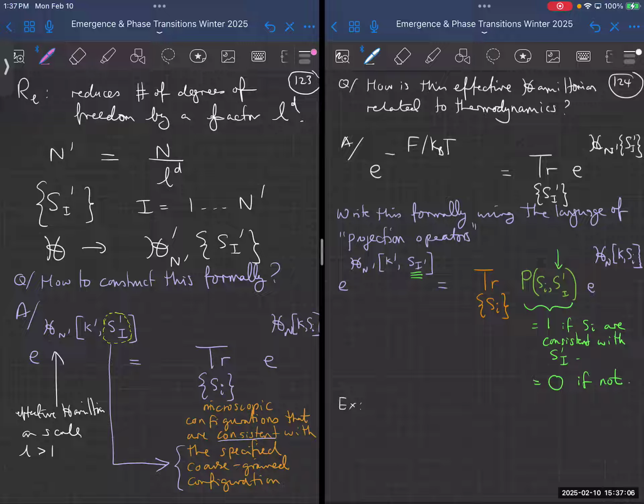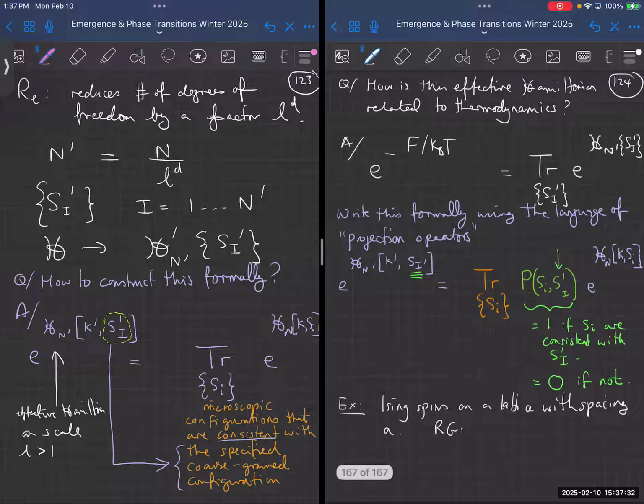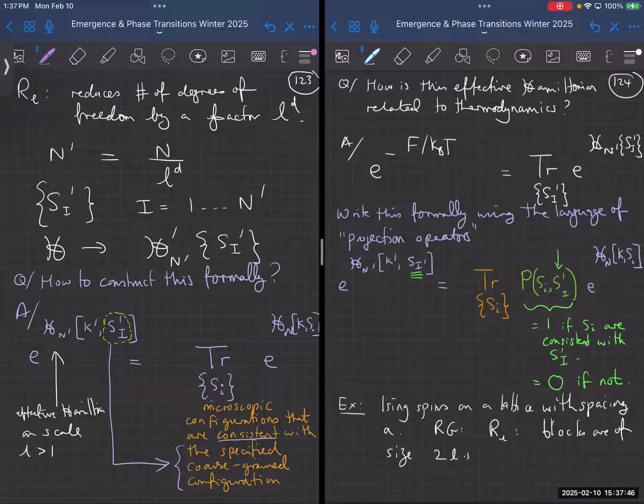Suppose I've got Ising spins on a lattice with spacing A. My RG transformation is some R of L, where the block spins have linear size (2L plus 1) times A. You tell me what L is, any integer you want.